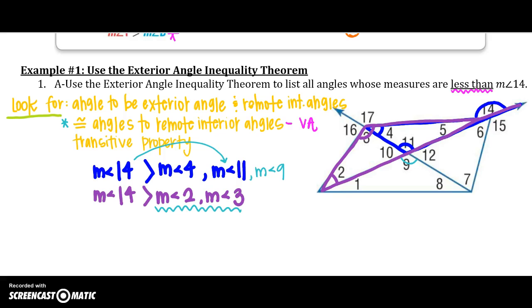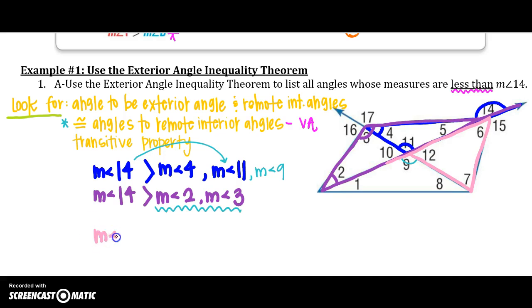And then we need to consider some of those other angles to be exterior angles as well. So notice 9 we can consider to be an exterior angle. Because 9 is less than 14 and 9 is greater than some of those angles, 14 would be greater than those too.